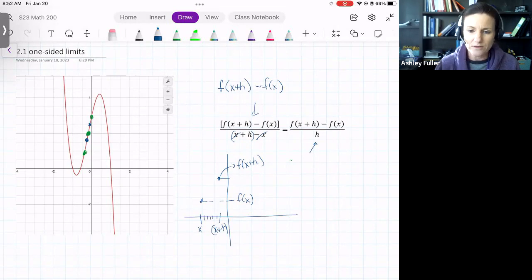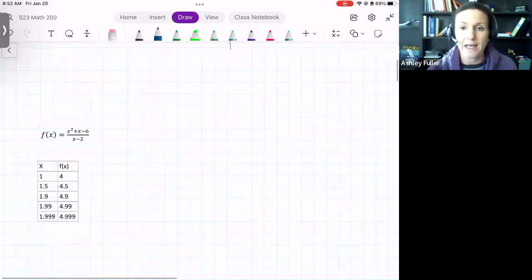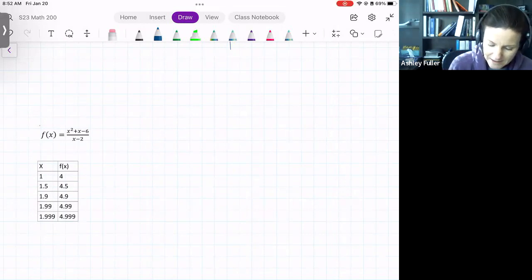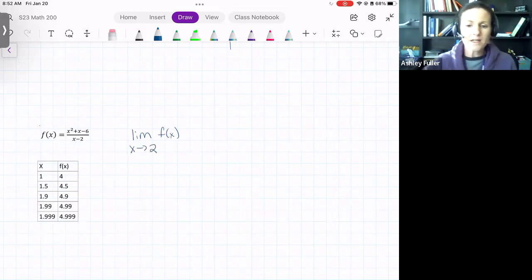In order to be able to work with limits, we have to use this derivative of a function, which again uses the concept of a limit. So let's begin with a simple function and define this idea of a limit. Let's consider what we're going to call the limit of the function f of x as x gets closer and closer to 2. Well, we can approach 2 from two directions.